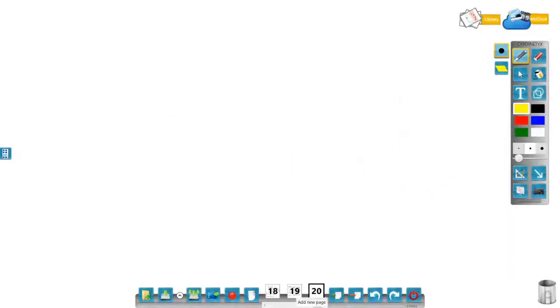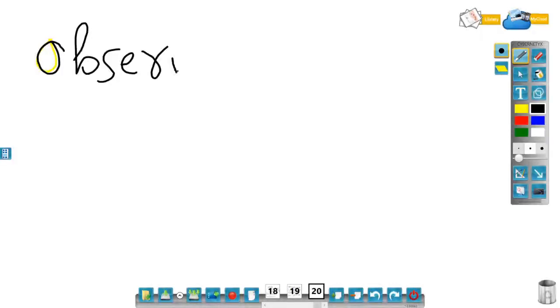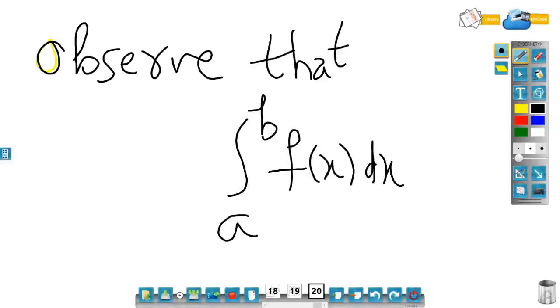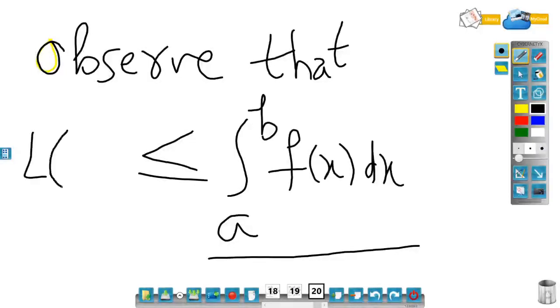So my point is, you can observe that your integration value, the integral from a to b of f(x) dx, of course, is one number. This number always lies between LPF and UPF.